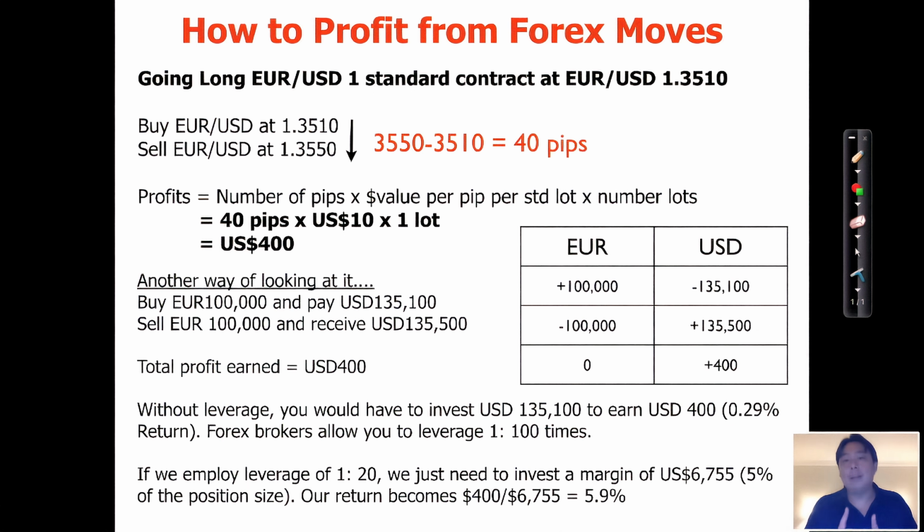I can tell you that for me at least, when I trade Forex, I don't ever use more than 1:20 leverage. Brokers allow you to leverage 1:100, but for the purpose of trading, we will not be leveraging any more than 1:20.